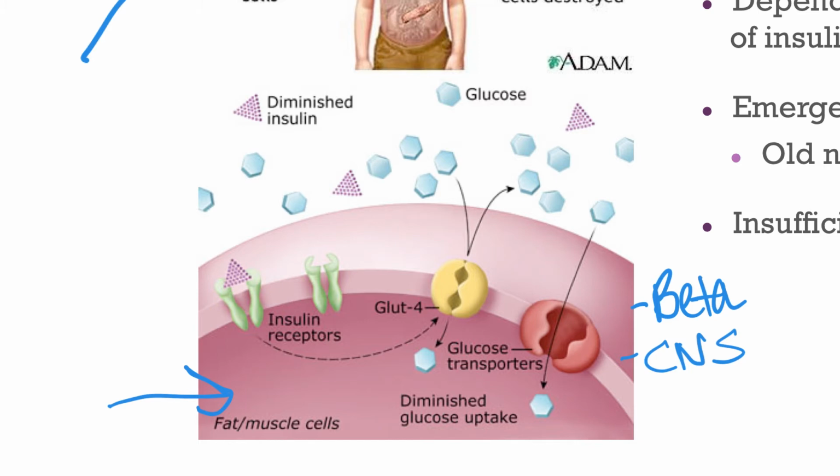At rest, the transporters that could bring in glucose are closed. These are called the GLUT4 transporters. This is the way glucose would enter this fat or muscle cell. And the way I like to think of glucose, so here it is up there, it's like that annoying neighbor that is constantly knocking on your door and they want to borrow your gardening stuff, or they want to hang out.